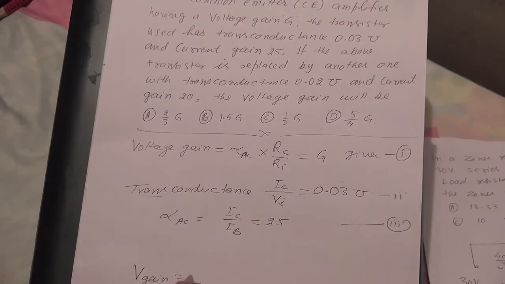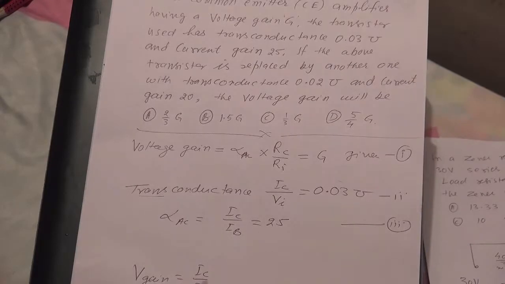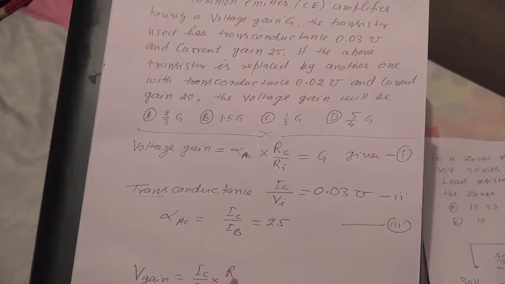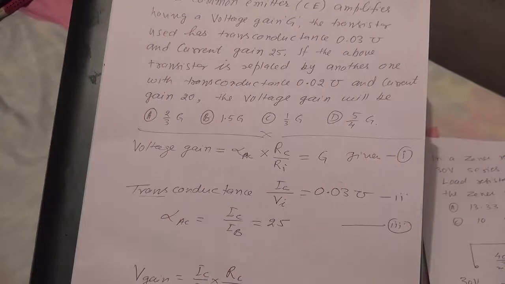This is equal to current gain IC upon I base multiplied by resistance gain. Resistance output divided by resistance input.